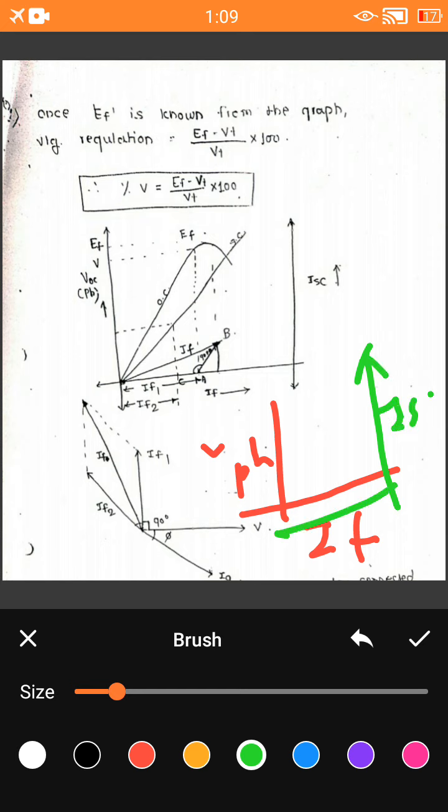The plot of OCC is a straight line initially, and the plot of the short circuit characteristics is a straight line. So this gives the values from the open circuit and short circuit tests.